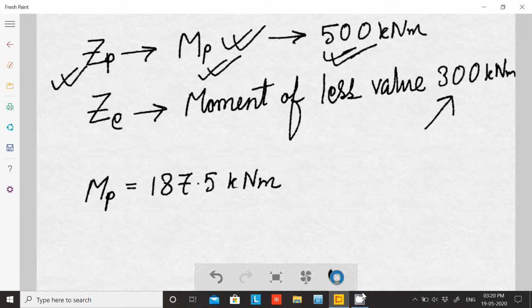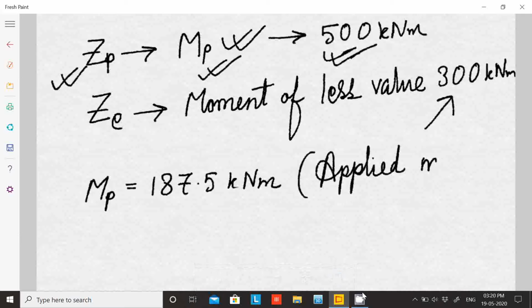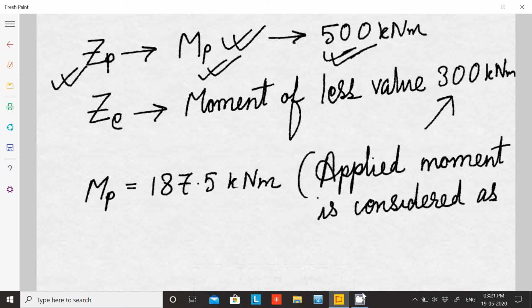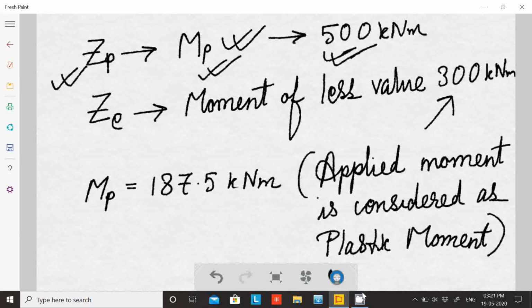The applied moment is generally considered as plastic moment, because this is the ultimate point, MP.